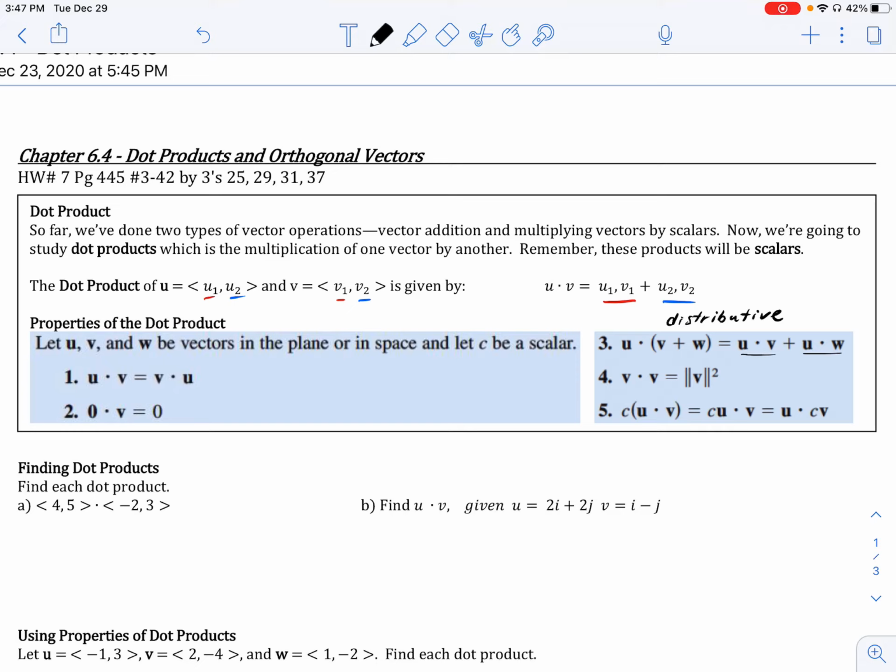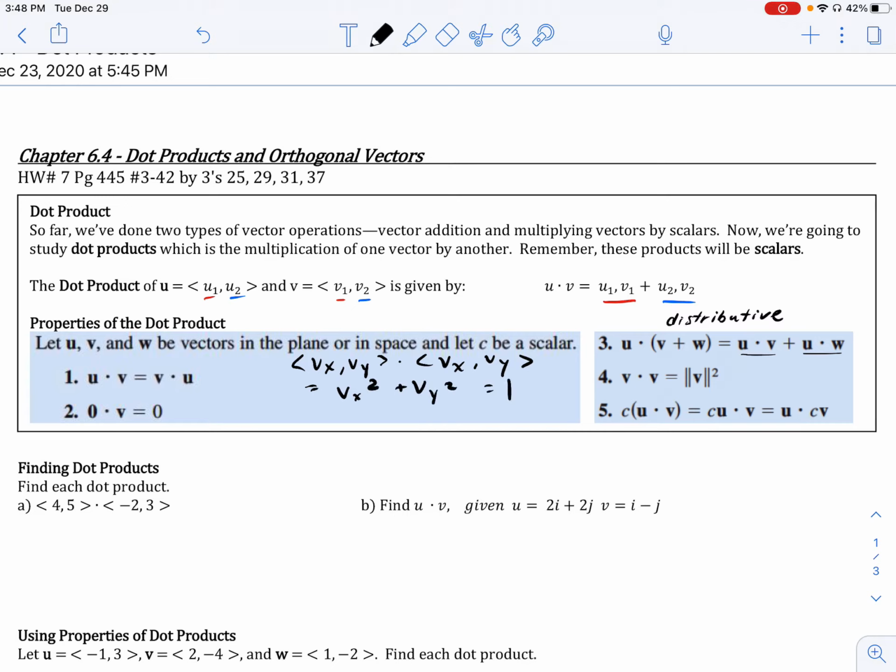Number 4, we see that the dot product of any vector and itself is actually the magnitude squared. And the reason for that is if you take v sub x comma v sub y, and you multiply it by itself, then what you end up with is v sub x squared plus v sub y squared.